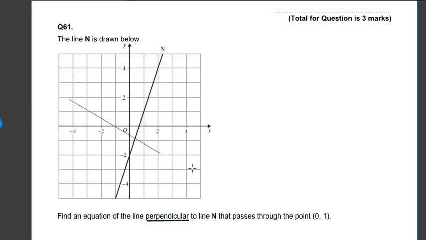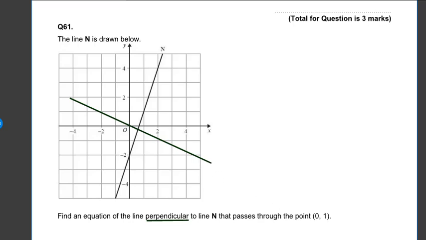So here we go. It's going to be perpendicular, so it's going to look something like that. And we have to find out where this crosses.